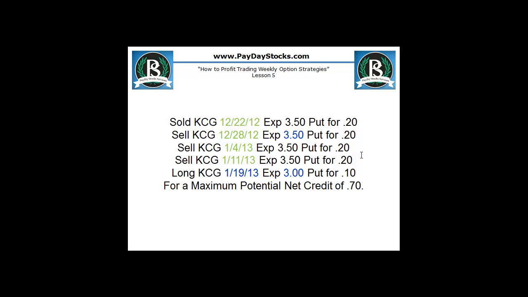So we sell this, and this is what makes this different than just a normal diagonal spread. The weekly options change things.